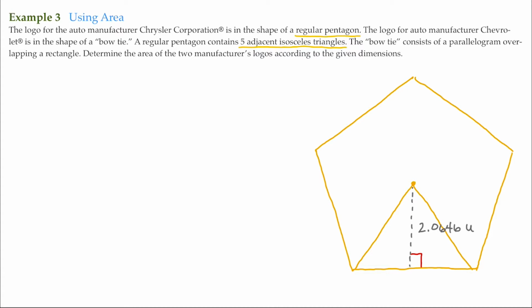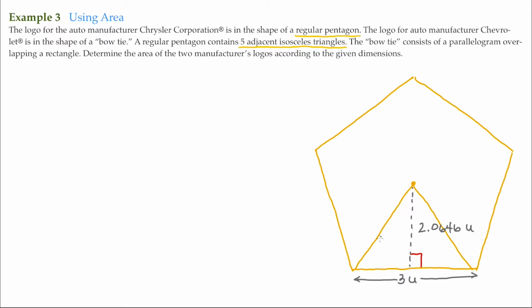A unit could be any measure that you want it to be, whether it be inches, meters, centimeters, whatever you want it to be. Then we have its base right here. So its base is 3 units. So here I have this triangle inside the pentagon, and this triangle has a height of 2.0646 units and a base of 3 units.